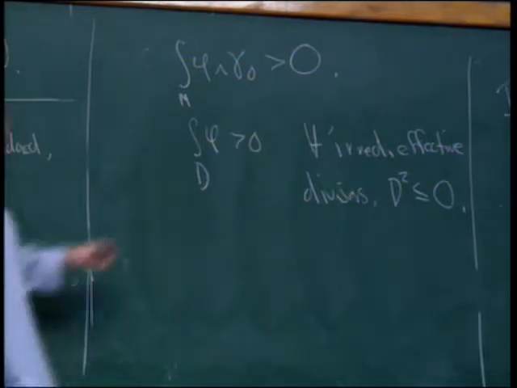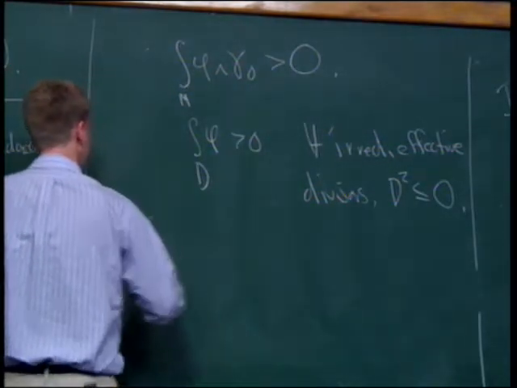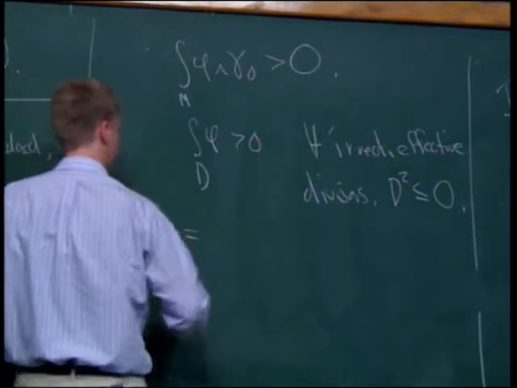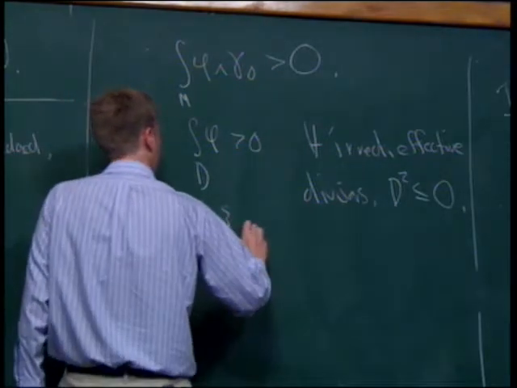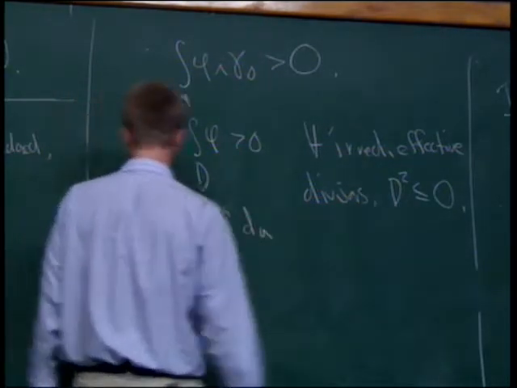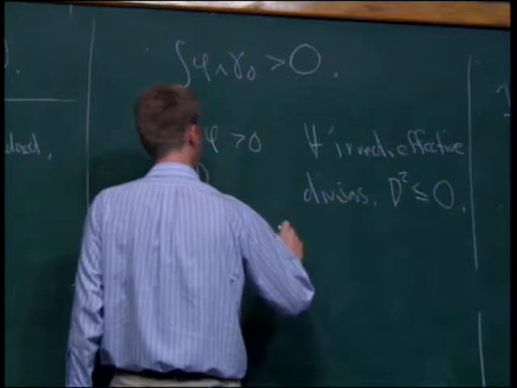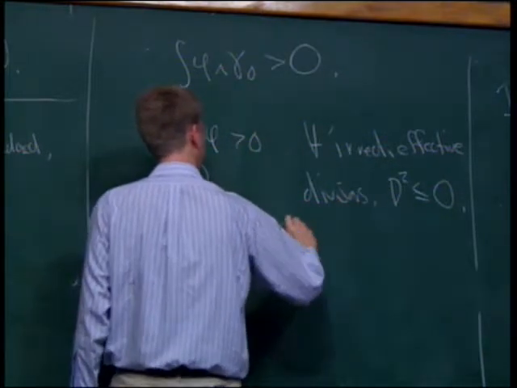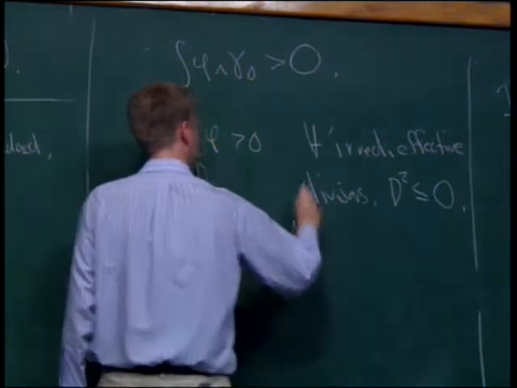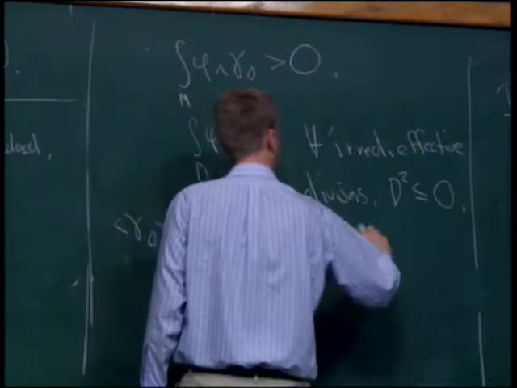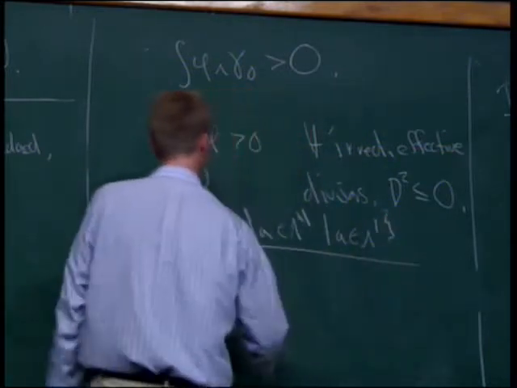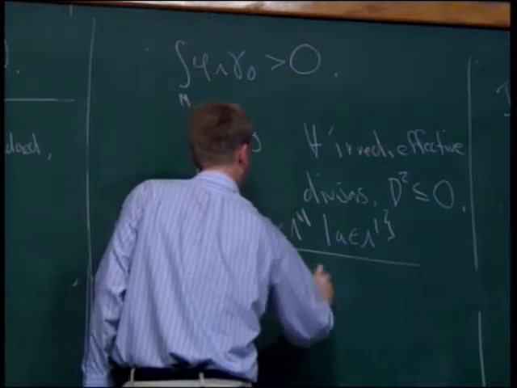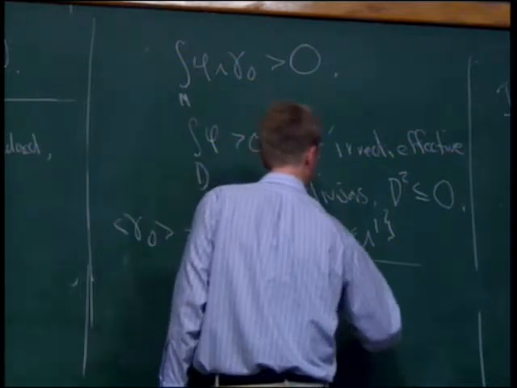Okay, so let me define this gamma naught. Gamma naught generates exact (1,1) forms d alpha, where alpha is a 1-form, up to i dd bar f, where f is a smooth function.